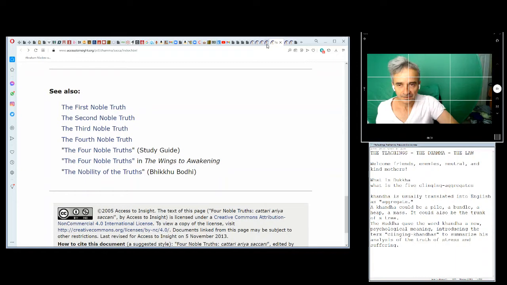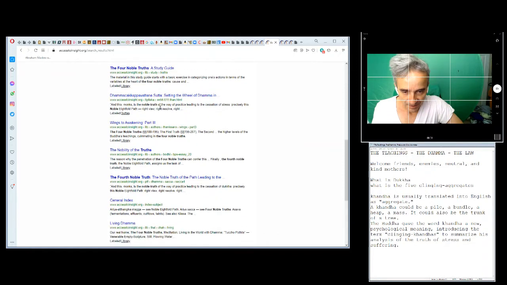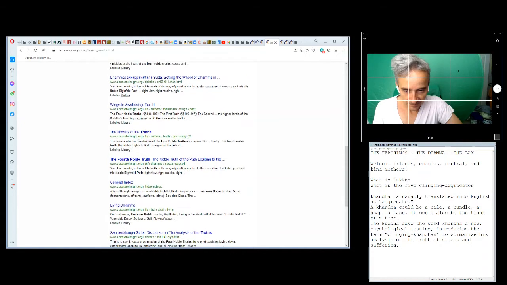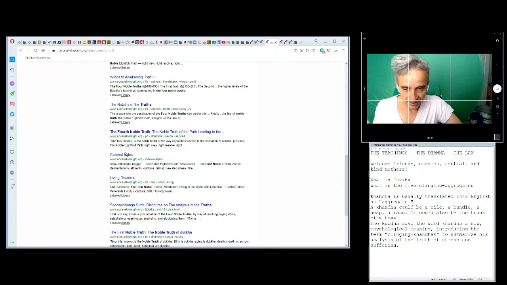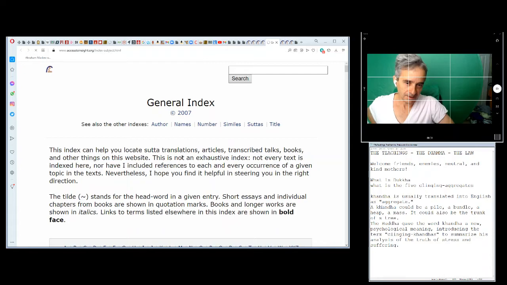General Index. I want the Four Noble Truths. I want them without any commentary. Let's see. Advertisements, but then the Four Noble Truths, a study guide.